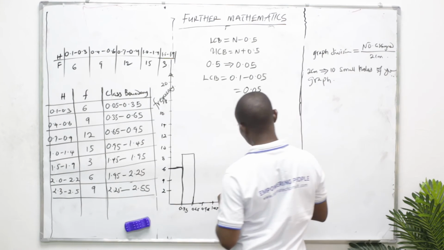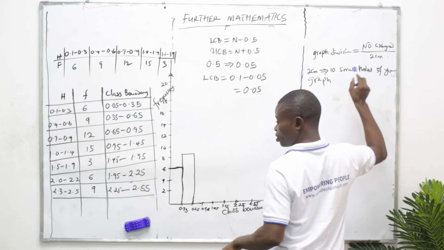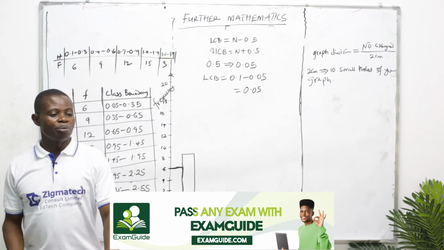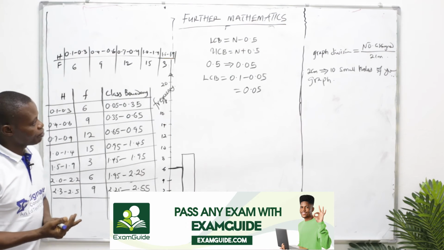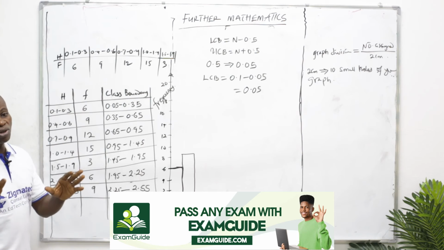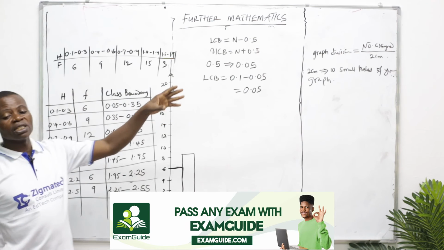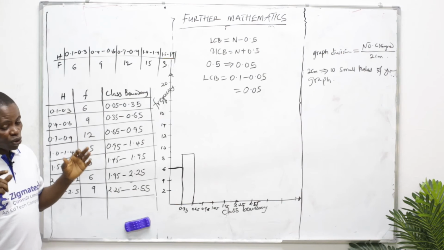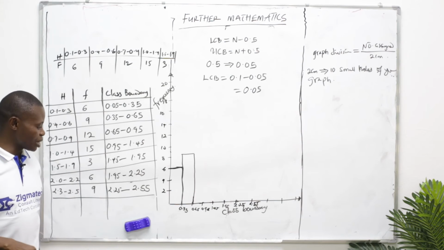Please take note. You will not see it. Just take note of this. So grab the formula, make use of it whenever you are plotting graph. Number assigned, or the number you assigned, all over 2 centimeters, where 2 centimeters represent what? 10 small squares of your graph.